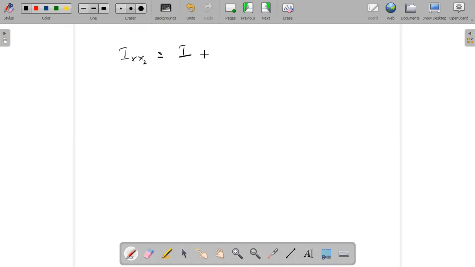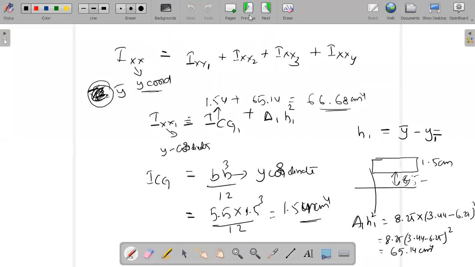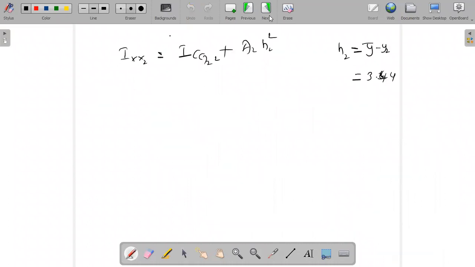What is Ixx2? ICG2 plus A2H2 square. Calculate H2 directly. H2 is equal to y bar minus y2. Y bar value is 3.44 or 3.38, whichever we have taken in the last calculation. 3.44 was taken, okay, no issues. 3.44 minus, what is the value of y bar here?